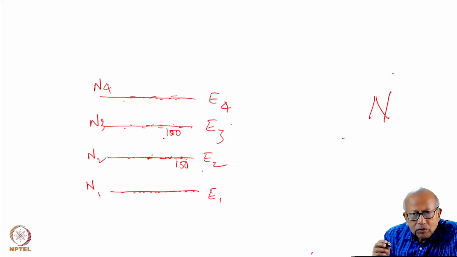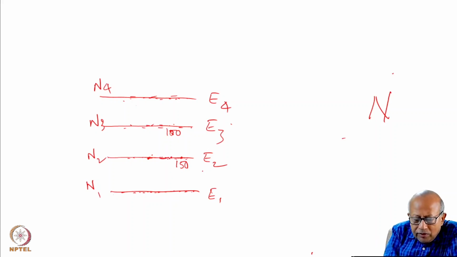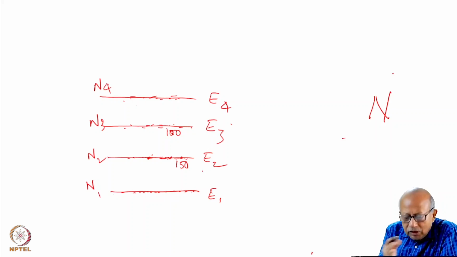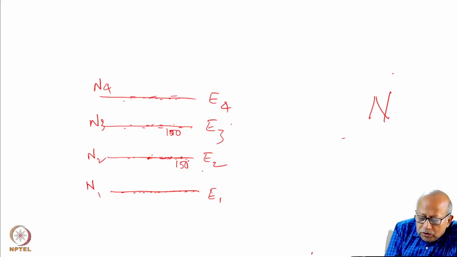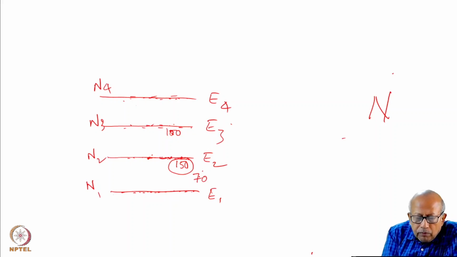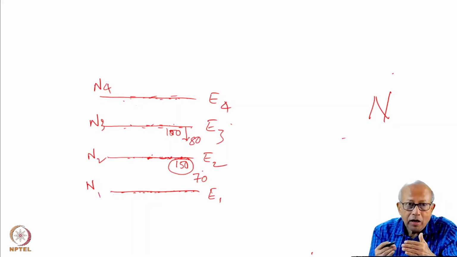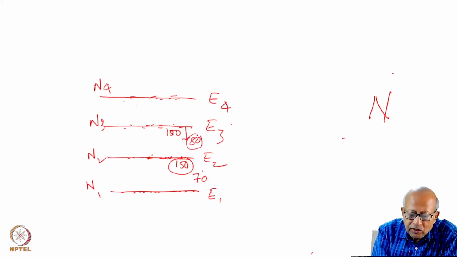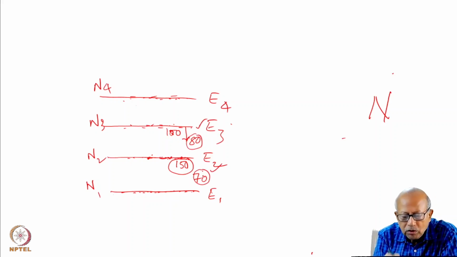Now suppose this relaxes at a rate which is faster than this. So at some time this population has become 70. And over that time this population, which relaxes at a much lower rate, has become 80. So at that time population inversion does exist between this and this level. This level's population is more than this.